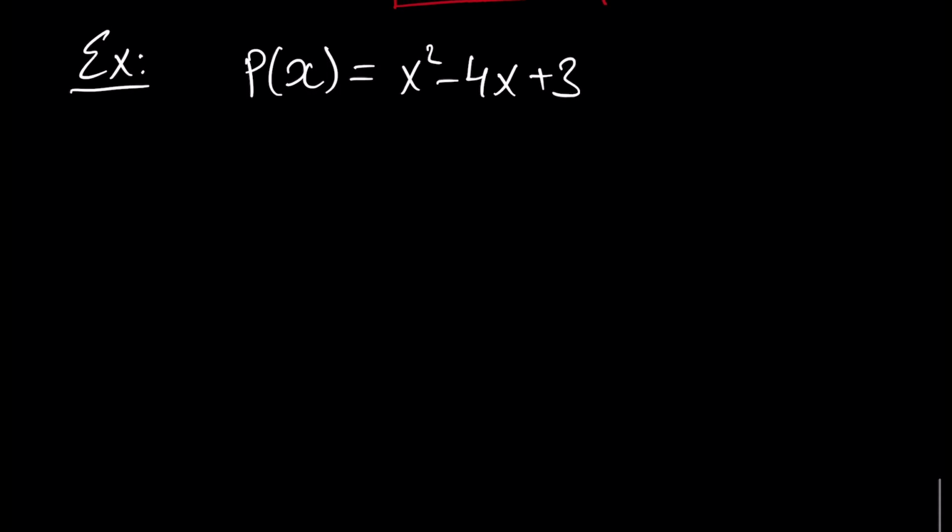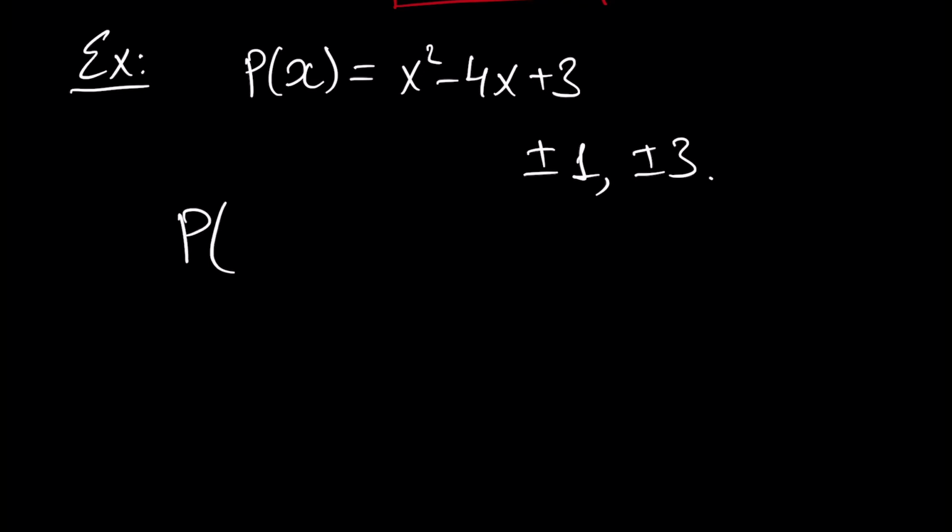Let's search the roots of our polynomial from the result that follows from Bezout theorem. We know that we have to search integer roots of our equation among numbers plus minus 1 and plus minus 3.